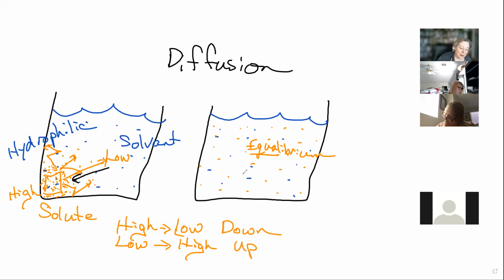Okay, now you can play fun games with diffusion with scent. Like if you have an orange and you have somebody in the same room with you, when you peel that orange, you have that lovely orange scent very quickly diffusing into the air around you.